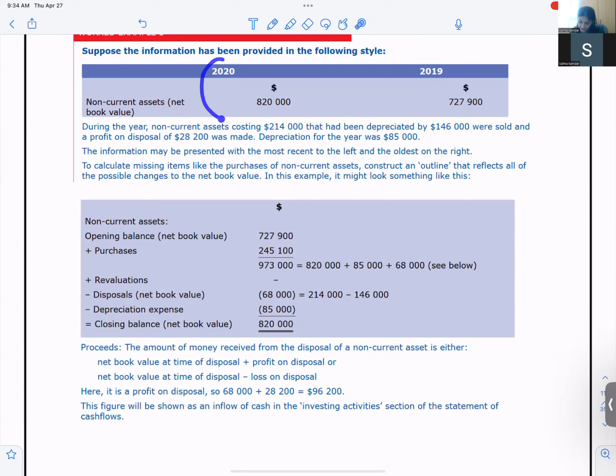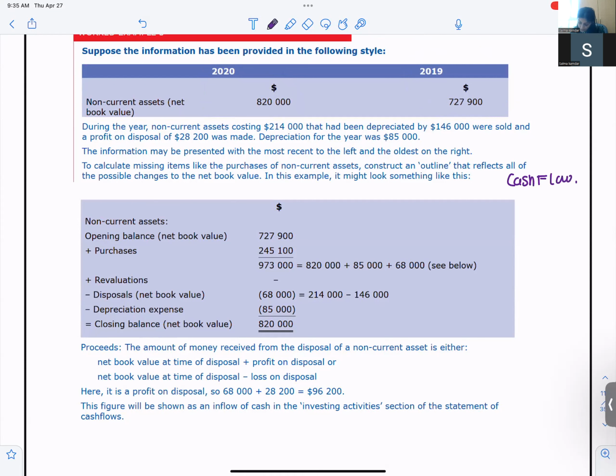So the most recent information is here and the old information is here. Calculate missing items, like they want you to find out what is the purchase of your non-current asset. They want you to find out what are the things that will be reflected in your cash flow statement.